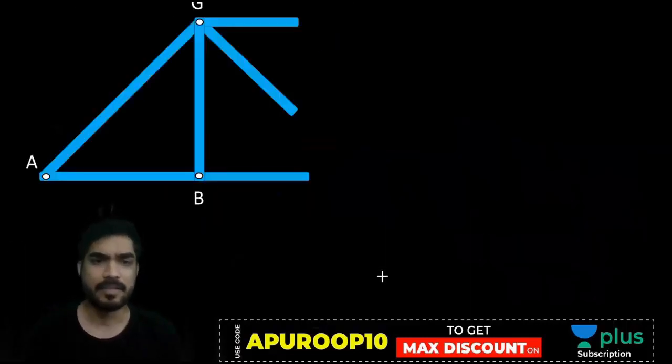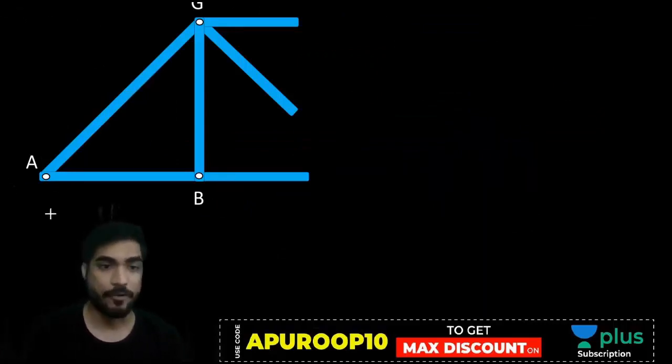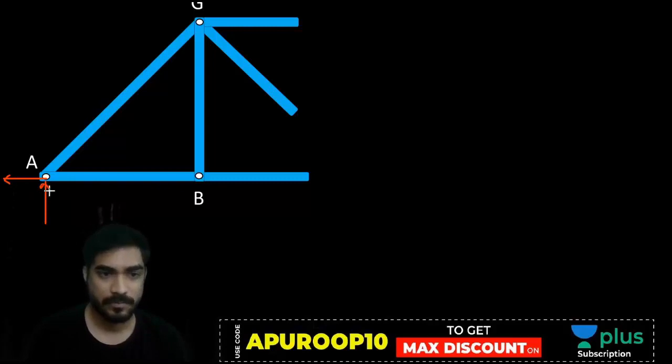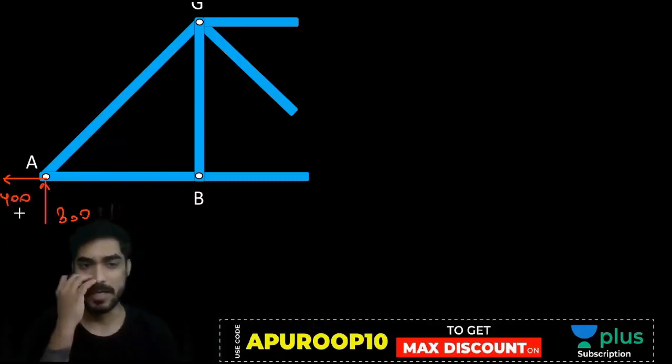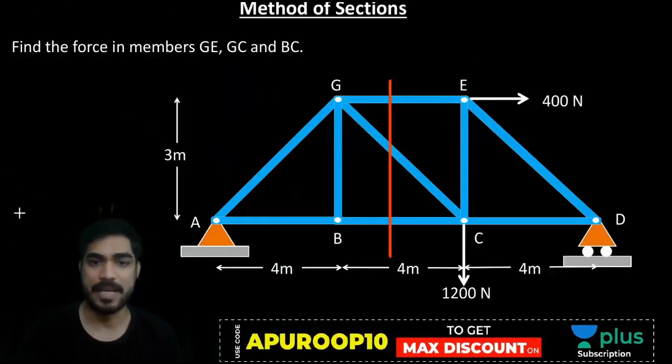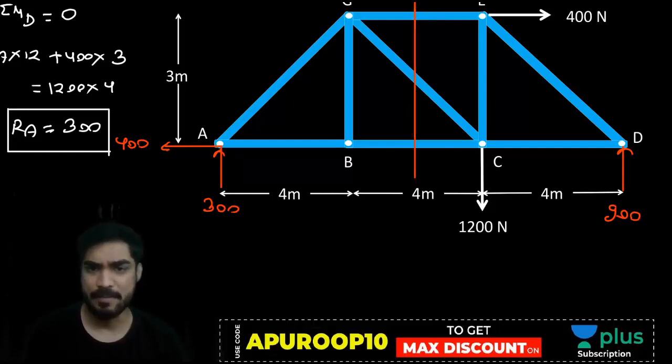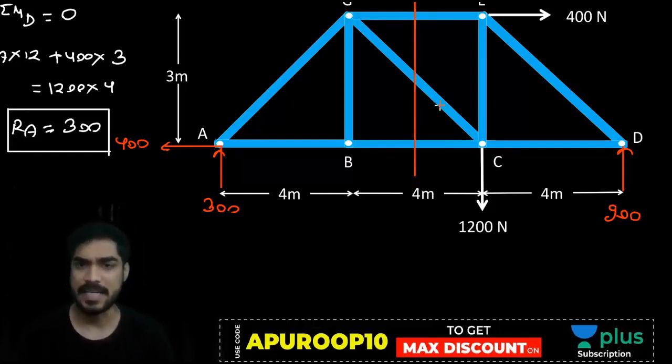So I have the left part of the truss. Now draw all the forces. There is a force of 300 here and 400 here. I have cut this truss from here, so these three members are cut: GE, GC and BC.